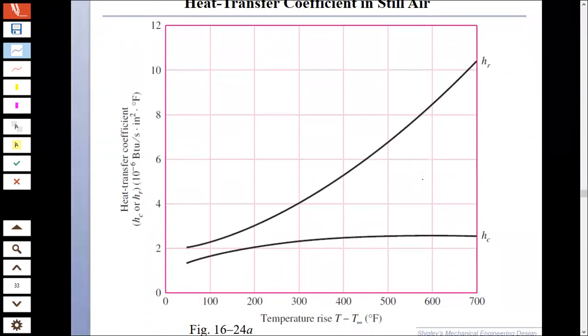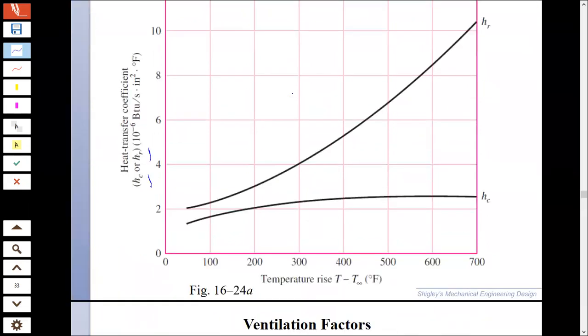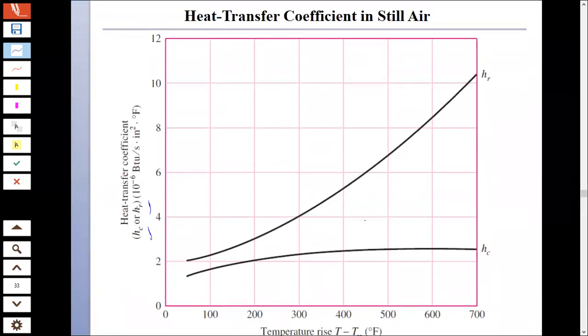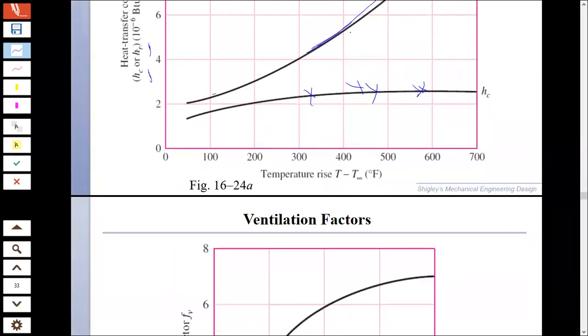If you look at this figure, you can read from this chart HC or HR at different temperature differences in still air. These are the contours for HR, and this one is for HC. So the radiation part and the convection part.